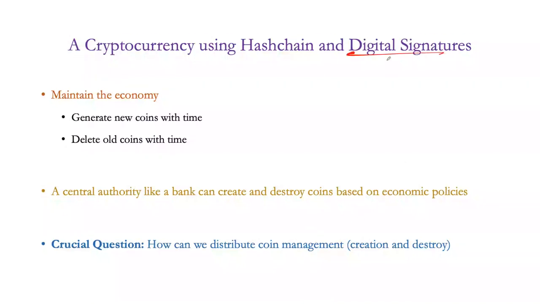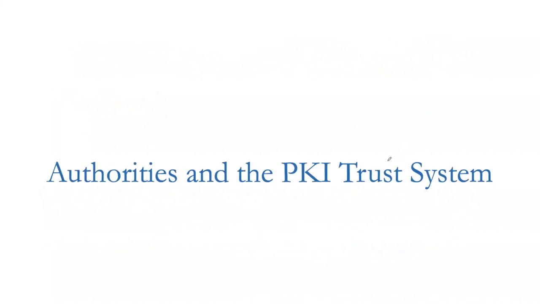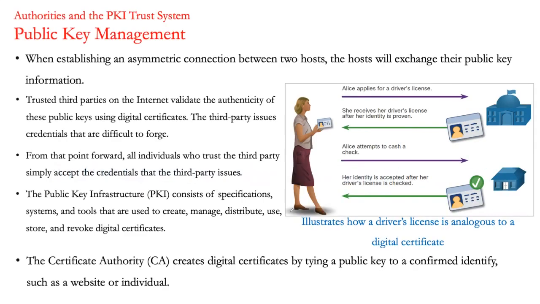To verify the digital signature, the sender and receiver must exchange the key. So how to exchange this key? Exchanging the key, we call that distribution of keys. There are some trusted authorities required in this public key infrastructure trust system to exchange the keys.